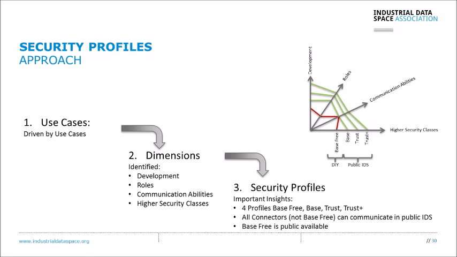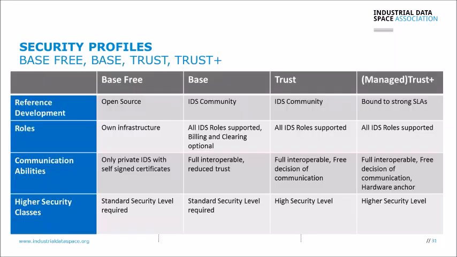The base-free connector is an open source implementation, for example, for research projects, or especially for internal users that cannot join the public IDS, but you can use the IDS technology, the IDS approaches in your own ecosystem, in your own security domain. And so the base-free implementation will be publicly available.